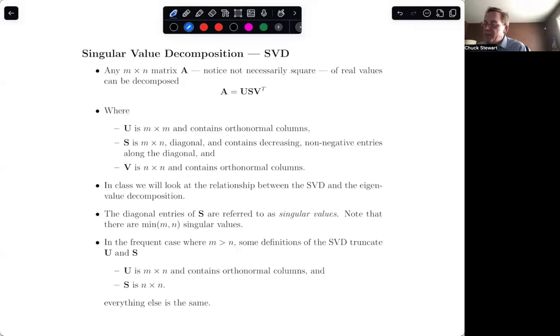The next decomposition is the singular value decomposition, and this one has very important properties. If we have any m times n matrix, it's not necessarily square, and it has real values, it doesn't have to be square or symmetric.